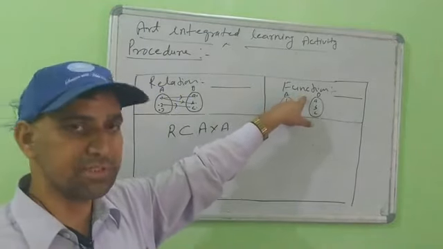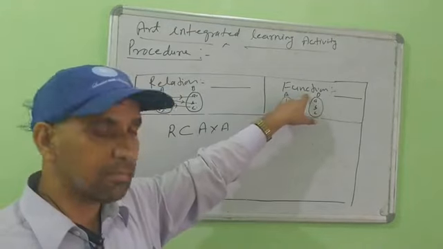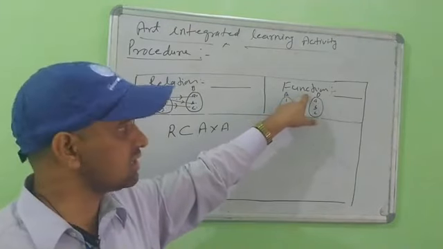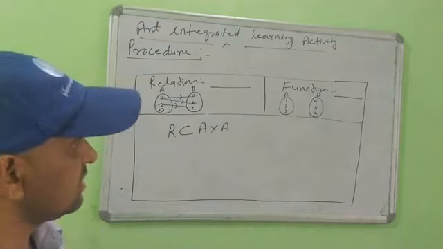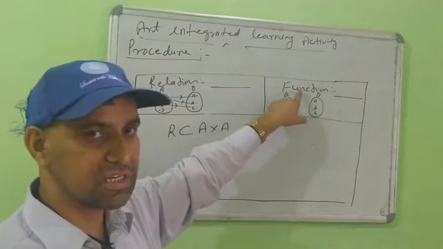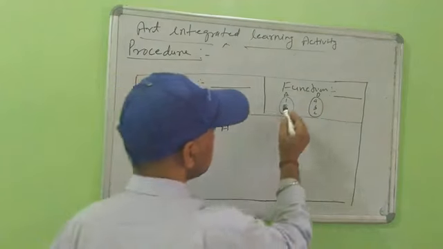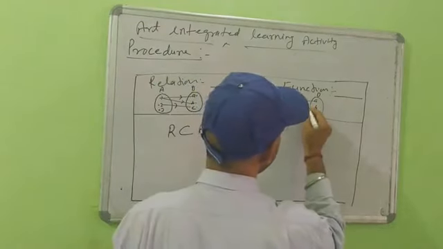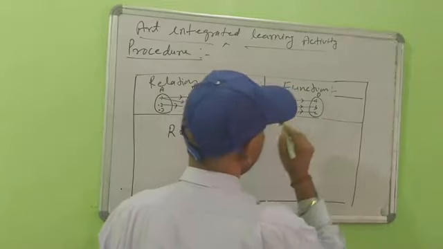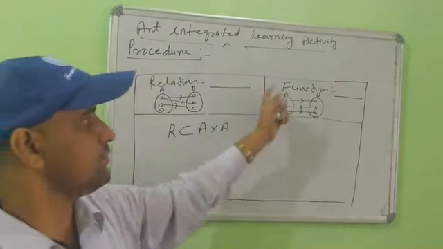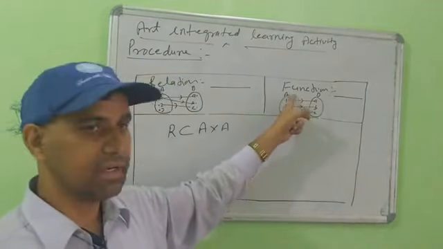Special types means those come under some rules, some procedure, some identities. This relation called the function is related with the help of thread.